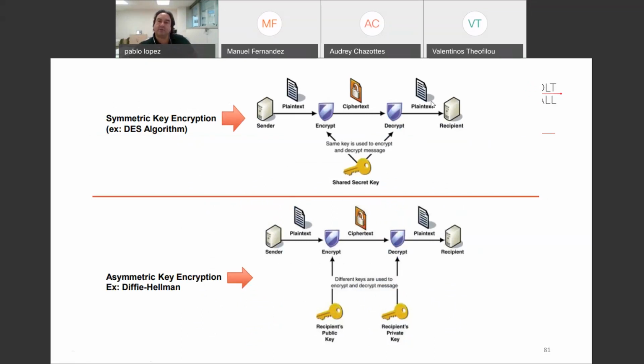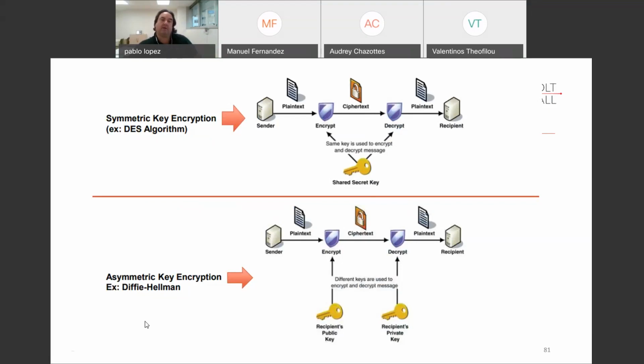The text is encrypted here, and if there is a shared secret key, with the same key, that means it's the same key that belongs to you, and you decide if you want to share it with someone, but it is your only secret key, you can decrypt and get the plain text. That means it is unidirectional.